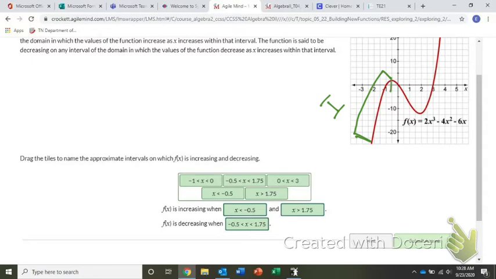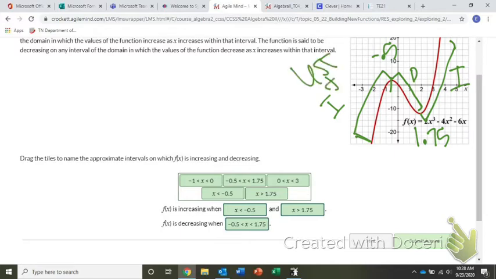And it stops at negative 0.5. From here to here, we are decreasing, and it stops at 1.75. Then it picks up, and it increases again. All of these values are less than. All the values on the right are greater than. Okay?